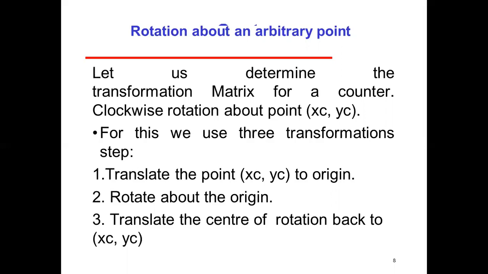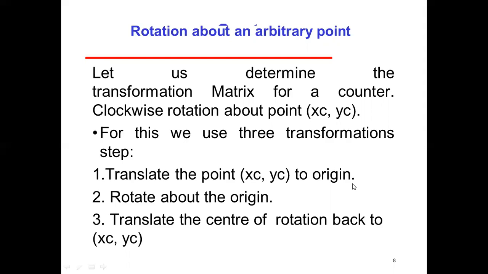So xc yc are the new points, and then you can see how we are going to rotate the object about the arbitrary points. There are a few steps which we have to follow, and here we will apply three transformations. This is called the three transformations step. So what is the first? Translate the point xc comma yc to the origin.